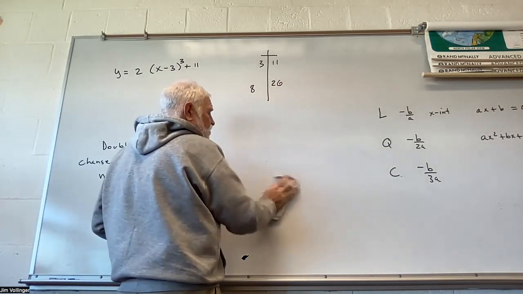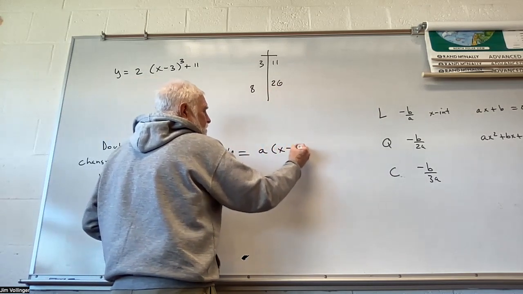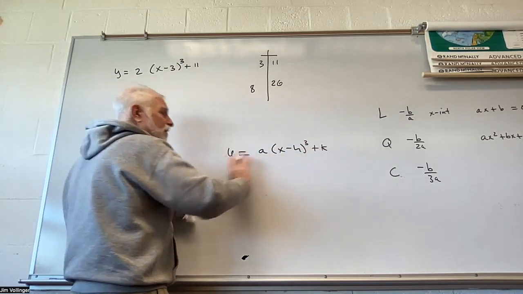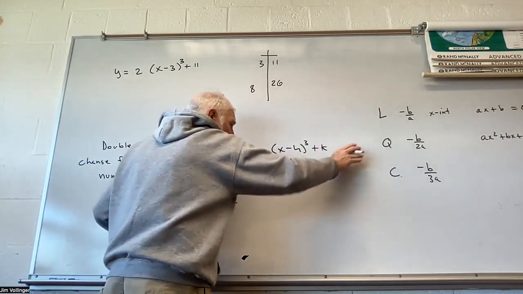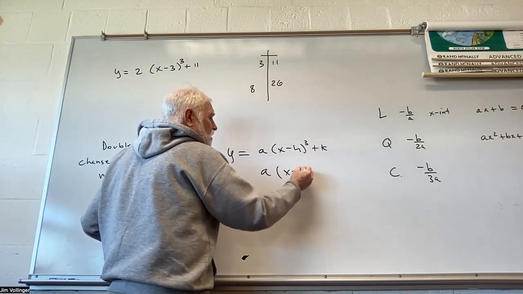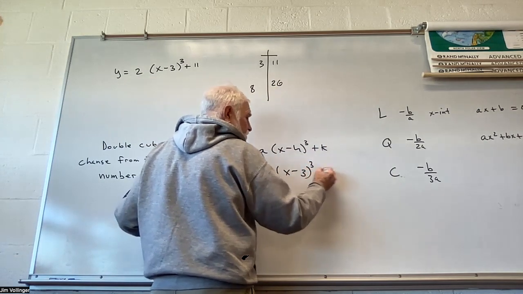All right, so if that's all we were going to do, not with the linear component, then I think we're at (x minus 3) cubed plus 11.